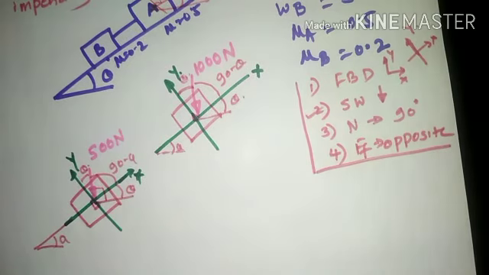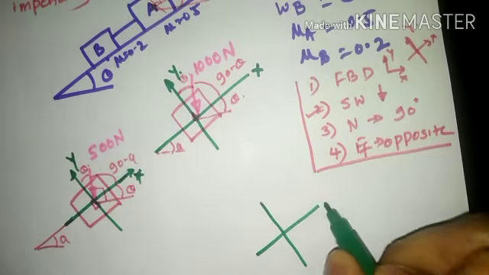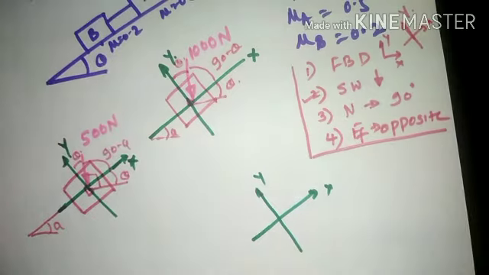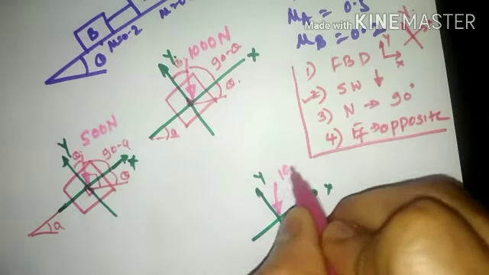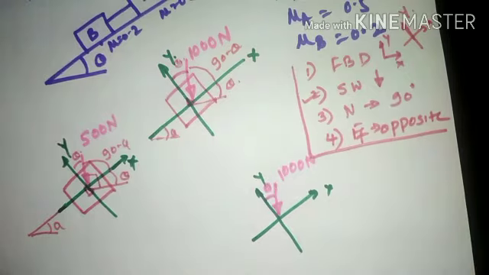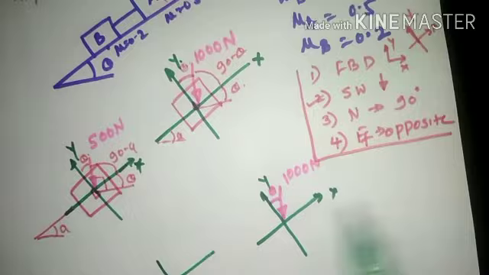If we consider independently, the independent directions will be marked as x-axis and y-axis. 1000 Newton is a force downward, and the inclination subtended here is theta. Likewise, mark x-axis and y-axis further here.